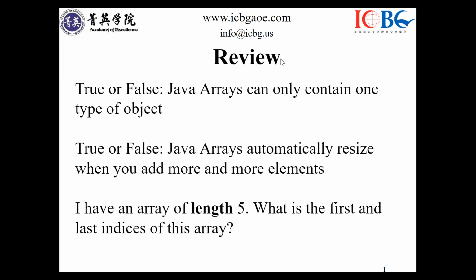But they're still the same type of object, as in they're both animals. So essentially, Java arrays can only contain the type of object that it's defined to have in the beginning.